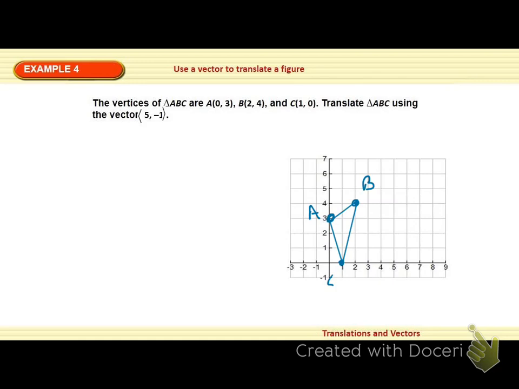That means that we want to move right 5 and down 1. So our terminal points for our vectors would be here, here, and here. So this would be B prime, A prime, and C prime.